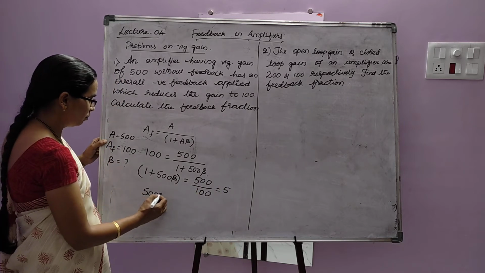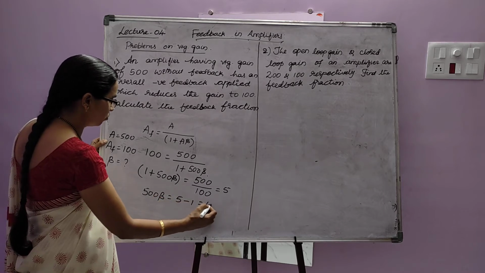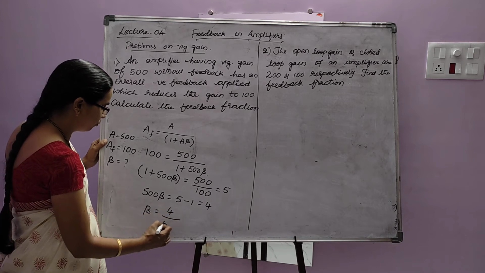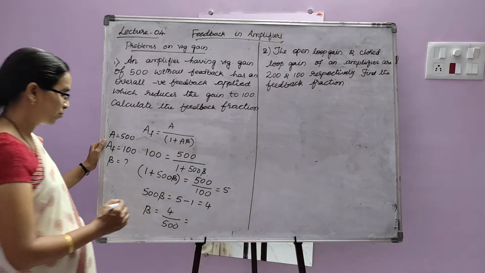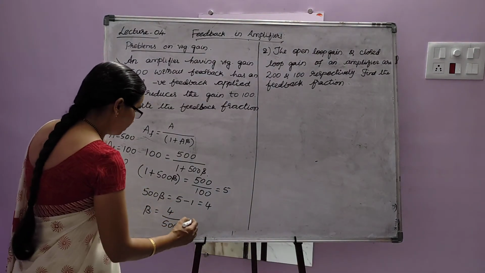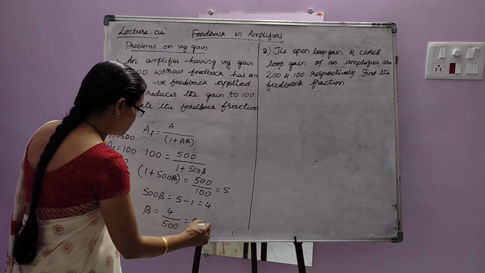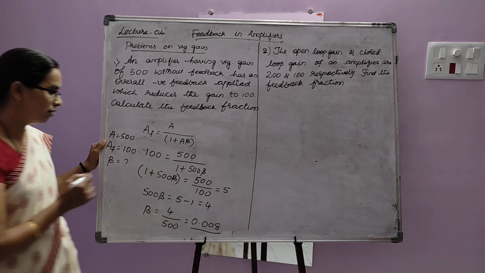So 500 beta is equal to 5 minus 1, that is equal to 4. So beta is equal to 4 by 500. If you calculate this, you will get 0.008 as the feedback fraction.